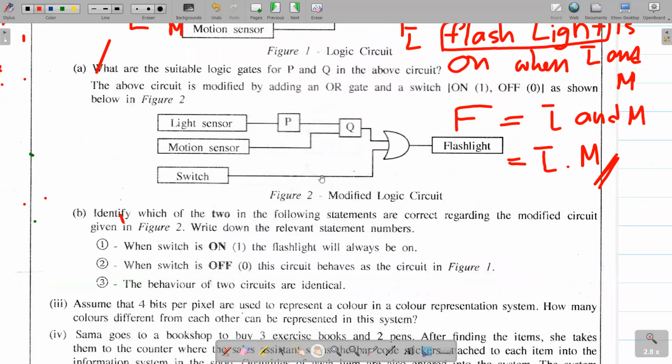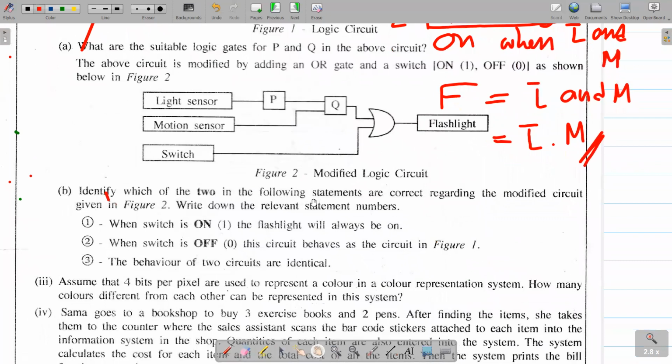If you think about the modified circuit, they're asking to figure out what are the true statements out of these 3 statements. It says when the switch is on, the flashlight will always be on. How are we going to argue that?